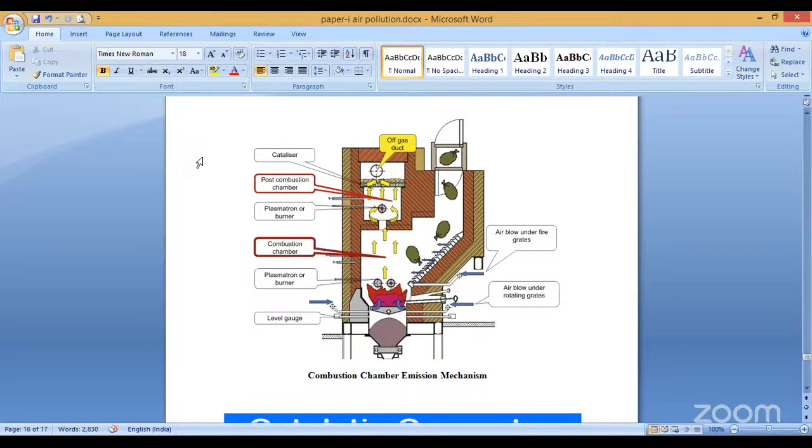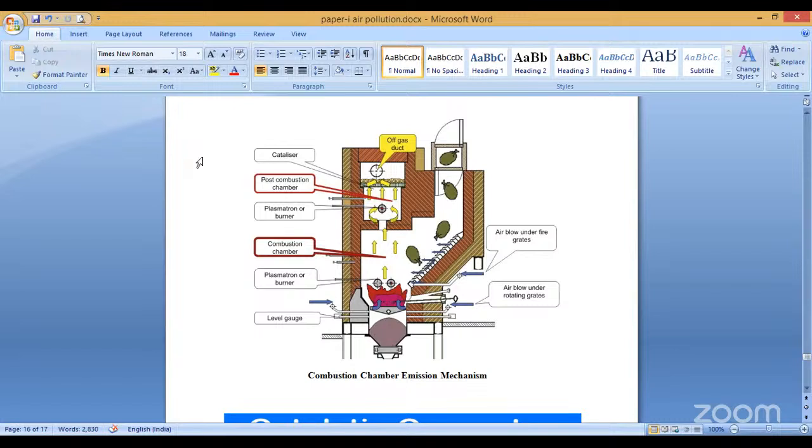The next one is the level gauge. When that reaction takes place at the level gauge, the total combustion will be completed. Then the remaining amount of energy is produced. That amount of energy can enter into our atmosphere.